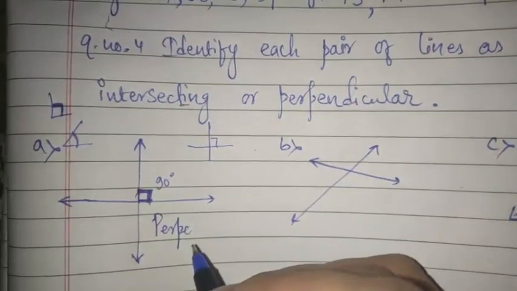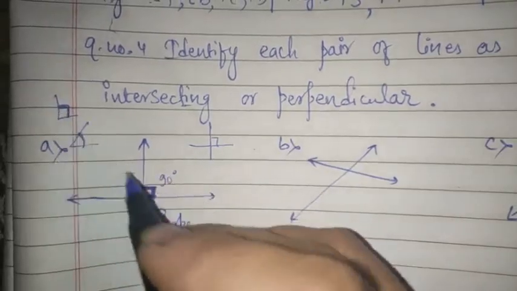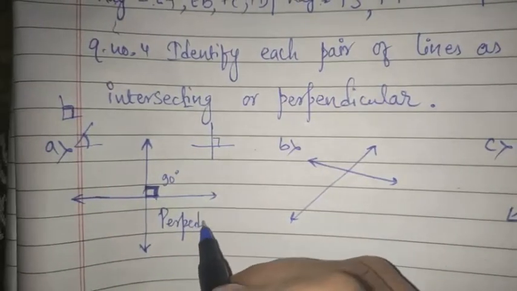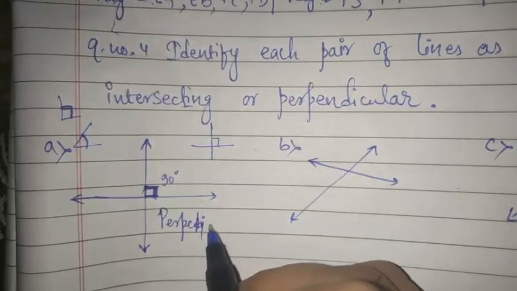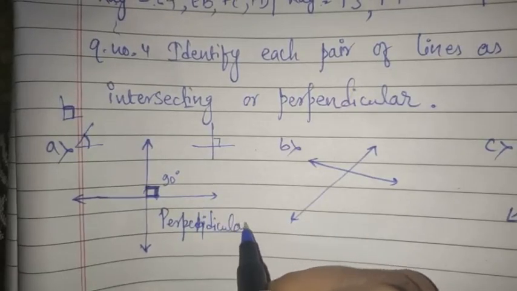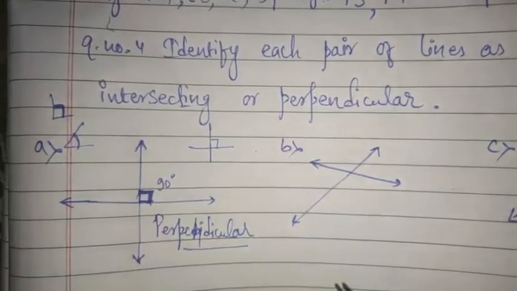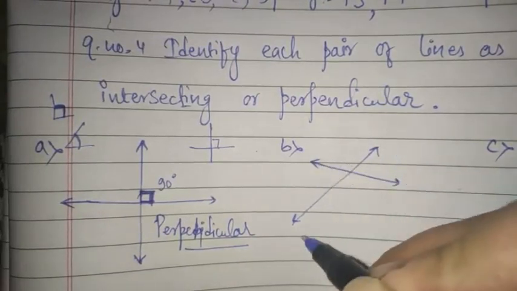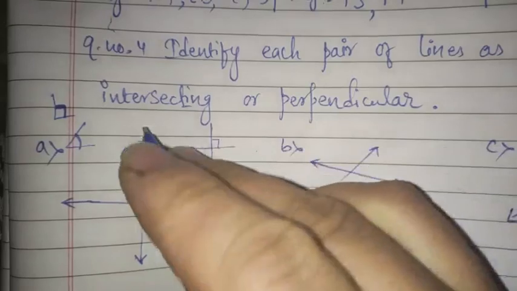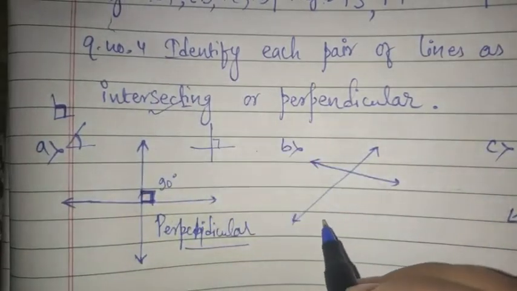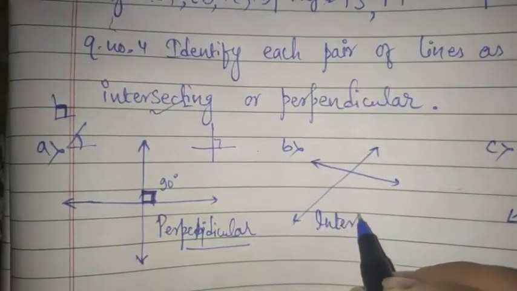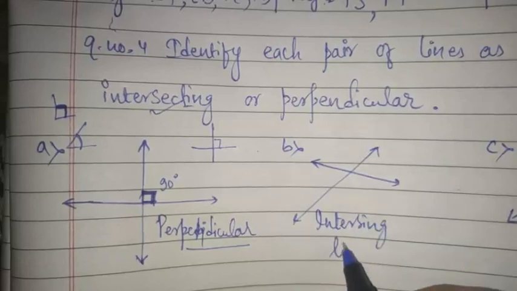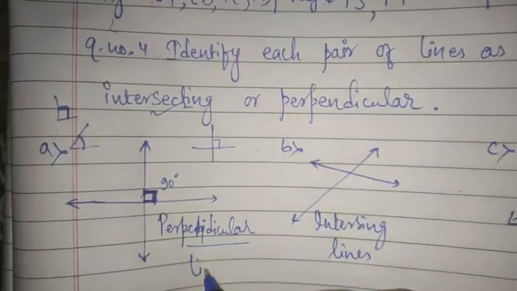So whenever you have 90 degrees or this symbol, it will be perpendicular. Alright children, so the first answer is perpendicular. In the next, two slanting lines cross, so it will be considered as intersecting lines.